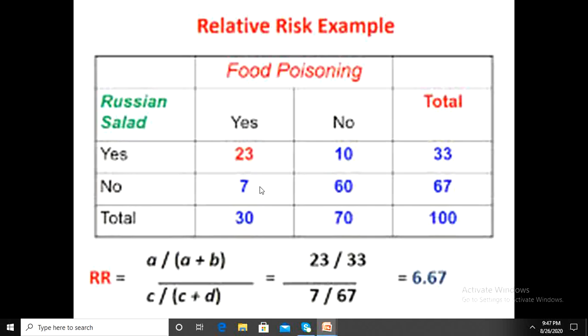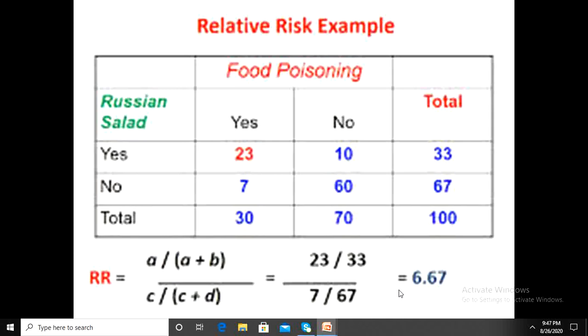So incidence among exposed will be A over A plus B, which will be 23 divided by 33. And the incidence among non-exposed will be 7 over 67, meaning C over C plus D. So the relative risk will be calculated as incidence among exposed over incidence among non-exposed, and this shows a relative risk of 6.67.